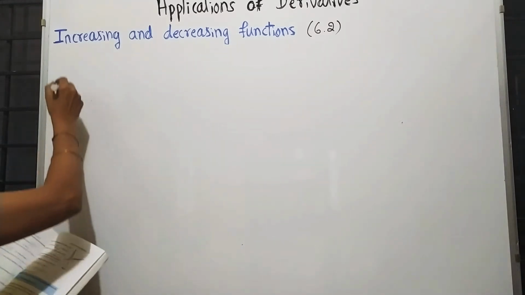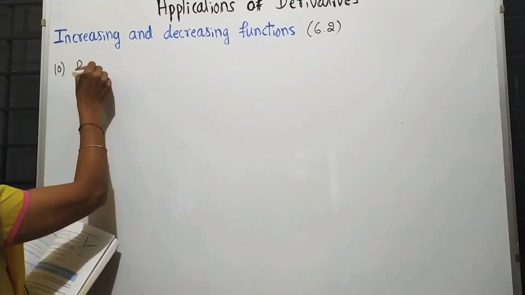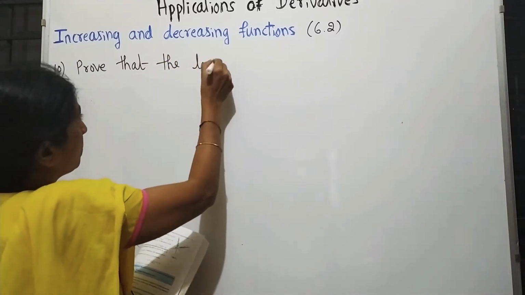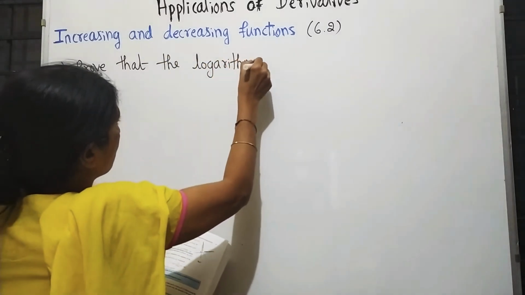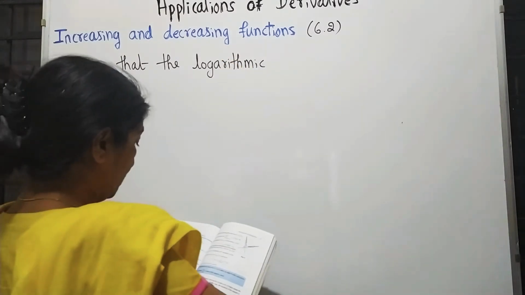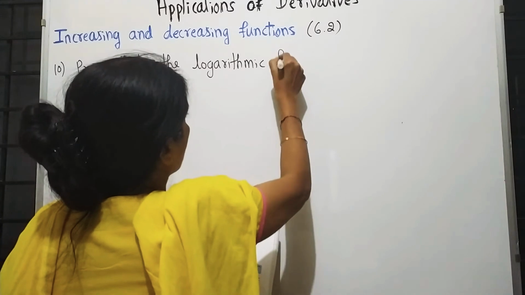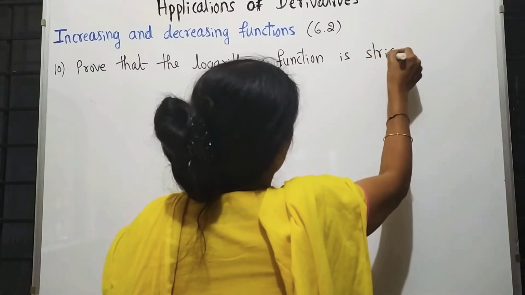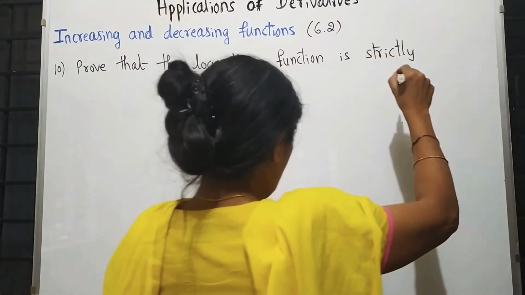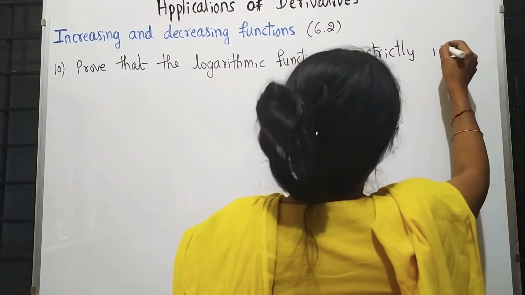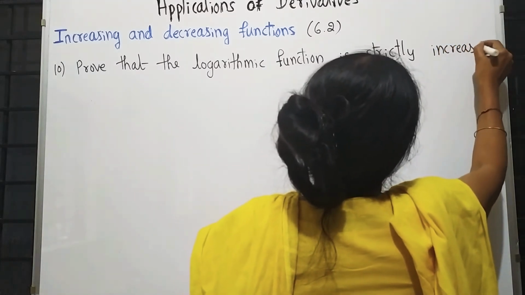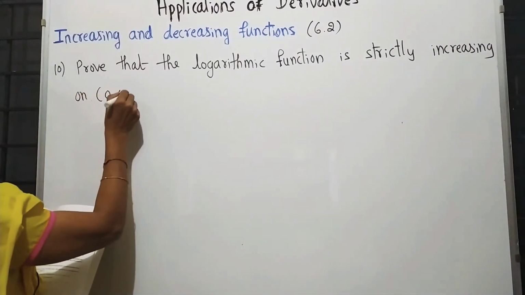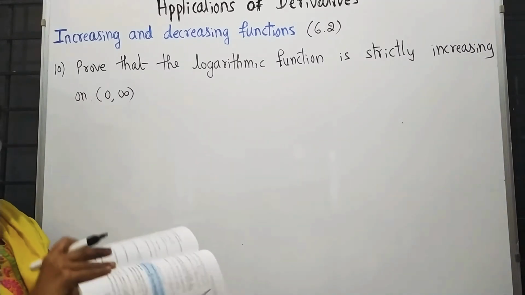Prove that the logarithmic function is strictly increasing on 0 to infinity. That means for all positive values.